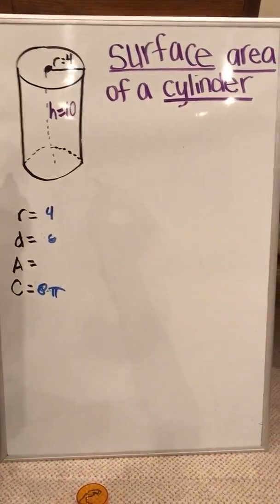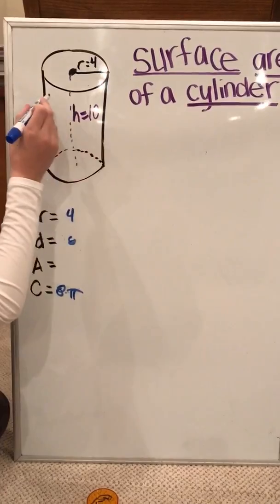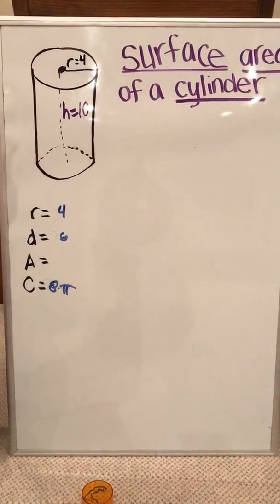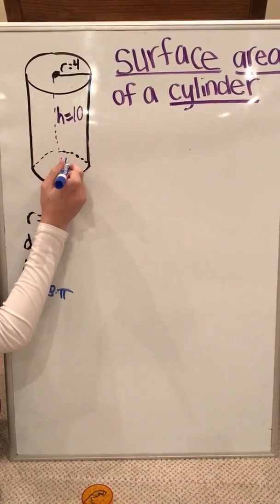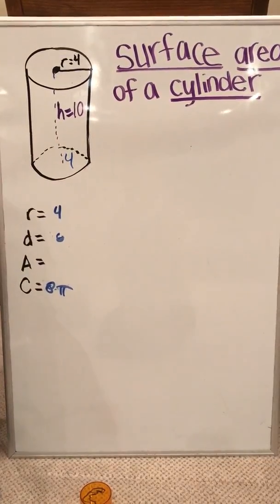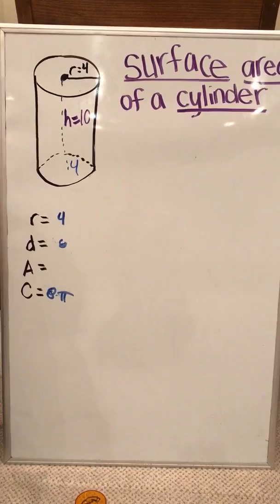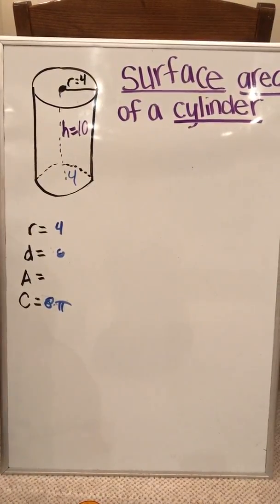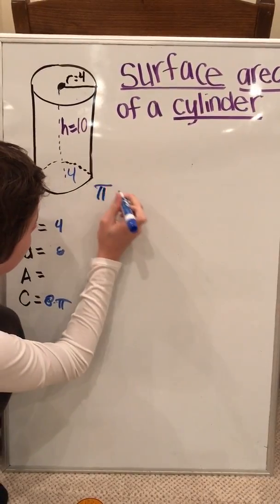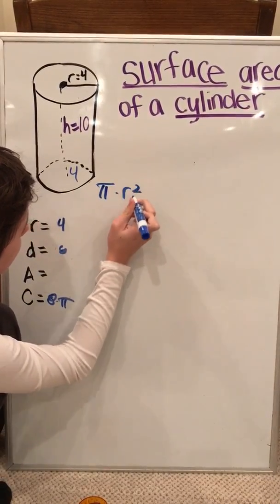Okay, so to find the area of the two circles, if this radius is 4, then this radius is also going to be 4. What's the equation of the area of a circle? Pi times radius squared.